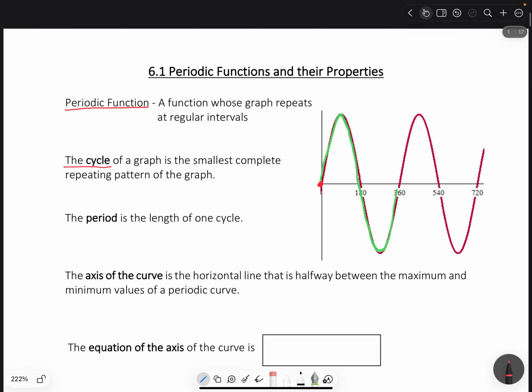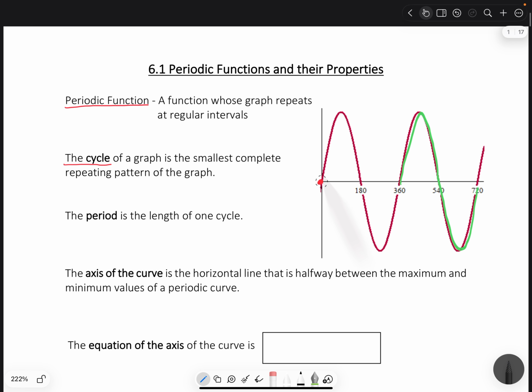But when you add 360 to that, the y values become the same. Here the x value is 0, here the x value is 360, yet they share the same y value. So therefore, the regular interval is 360.